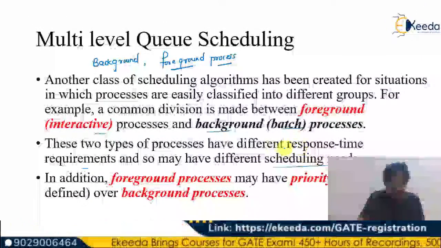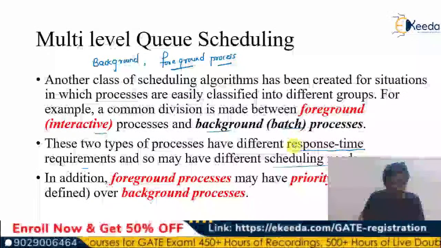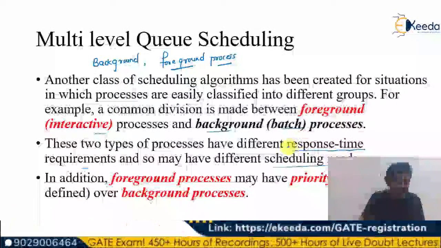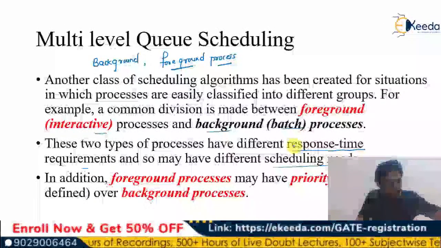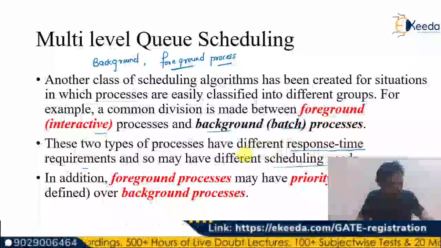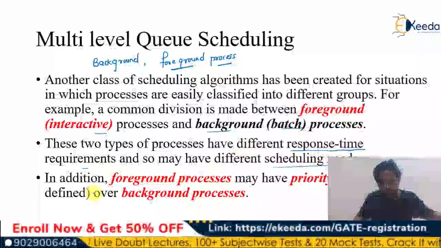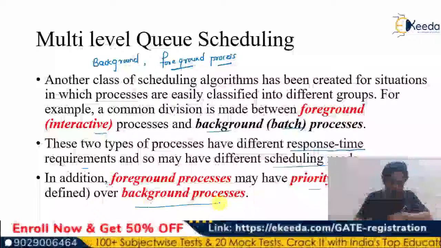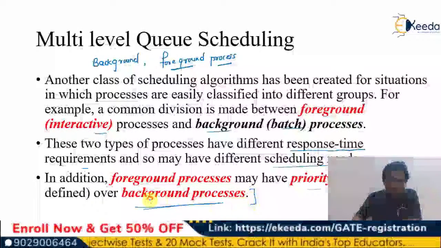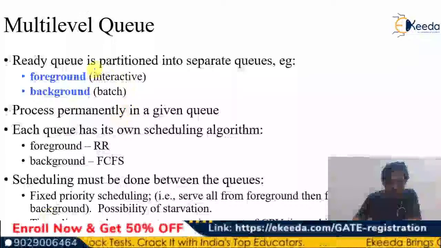Like for interactive processes, response time matters. When you're clicking a symbol in a graphical interface, we need a quick response, whereas computation may wait. Foreground process may have the priority over the background process, right? So that is also true that we have a higher priority system for foreground process.